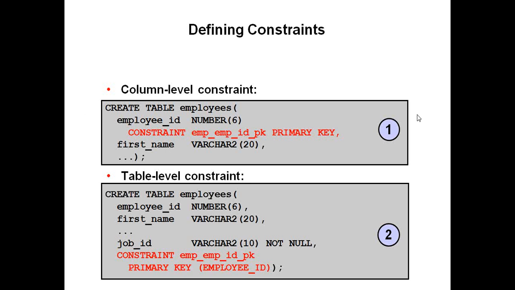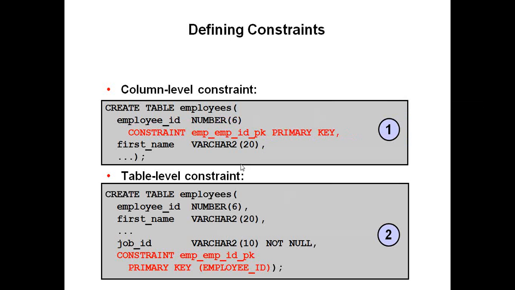In the highlighted example, immediately for employee ID we declare a constraint and give it a constraint name. Here emp_emp_id_pk is nothing but the constraint name, and we are saying it is a primary key. So after writing the column name, immediately you give the constraint.